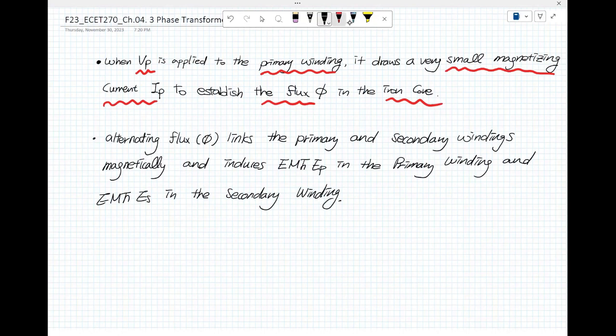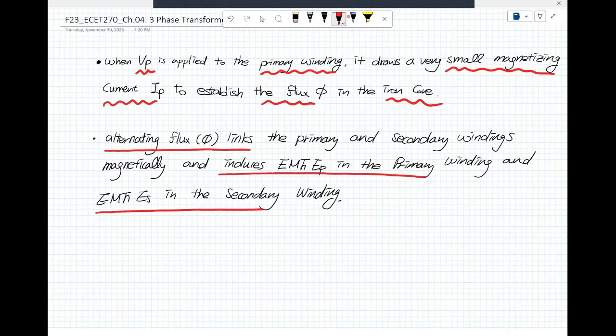Okay, magnetically induced EMF in primary, and this is the secondary.